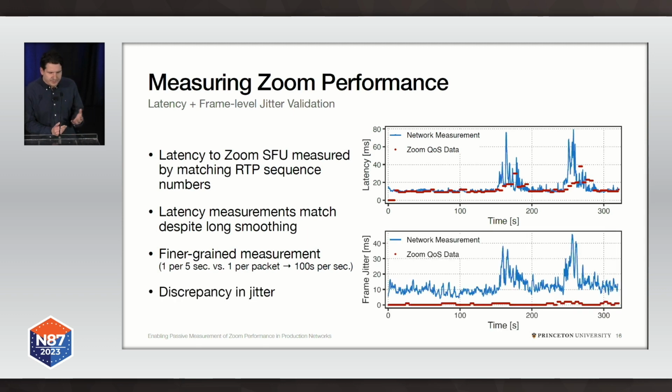Then we looked at jitter. We compute jitter the way it's recommended by the RTP RFC. And here we actually see a pretty stark discrepancy compared to the data that Zoom provides. Zoom, in this case, reported jitter pretty much close to 0 almost through the entire experiment. And actually, these 2 plots stem from the exact same experiment.